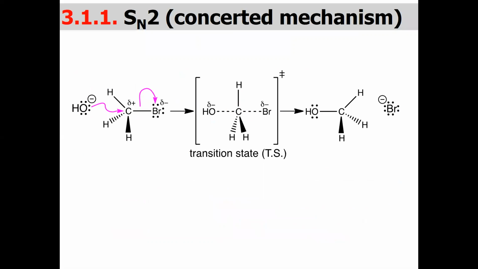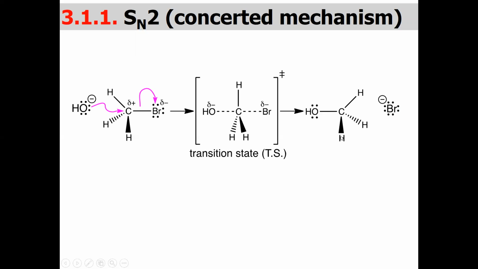Now, the SN2 reaction, which is also known as the concerted mechanism, proceeds via a transition state. When any nucleophile attacks the nucleophilic center, it involves a transition state in which the nucleophile is making a bond with the carbon and the leaving group is breaking its bond with the carbon, and ultimately we have the product compound.